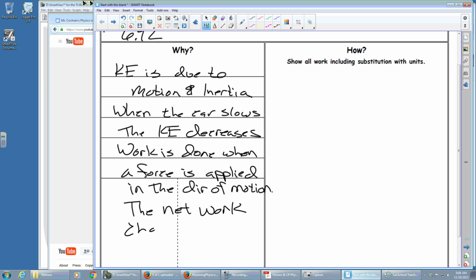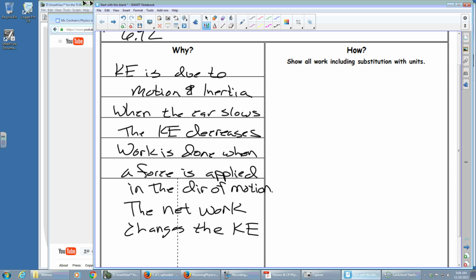Work changes the kinetic energy. So I need to show my reader I understand what kinetic energy is, that when it slows down the kinetic energy decreases, that work is going to be done on it, and that work is what changes my kinetic energy. Those are the points I would need in my why. Any question on those before we jump to the how? Are we good?